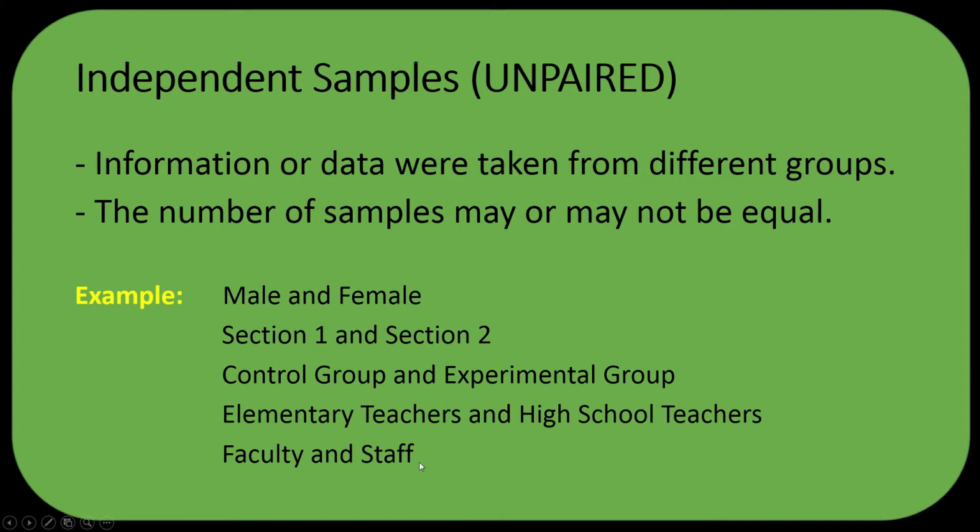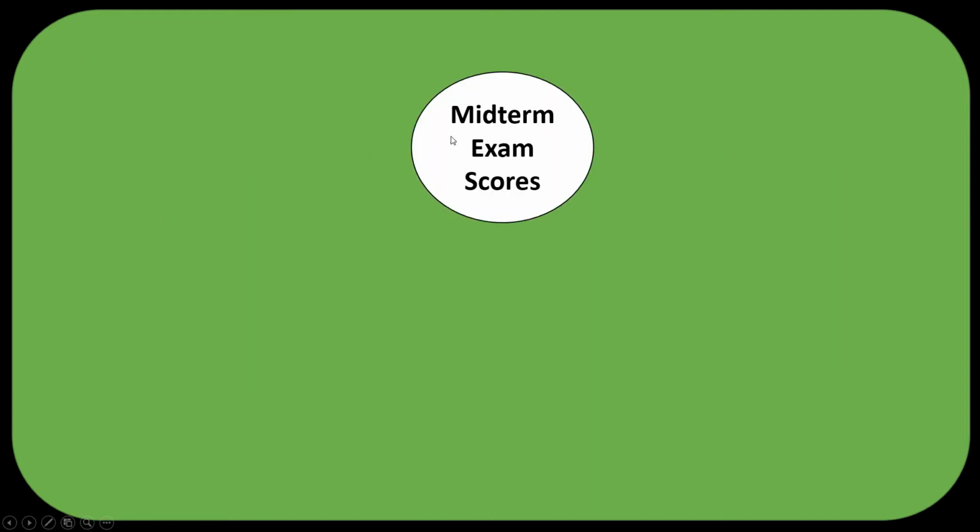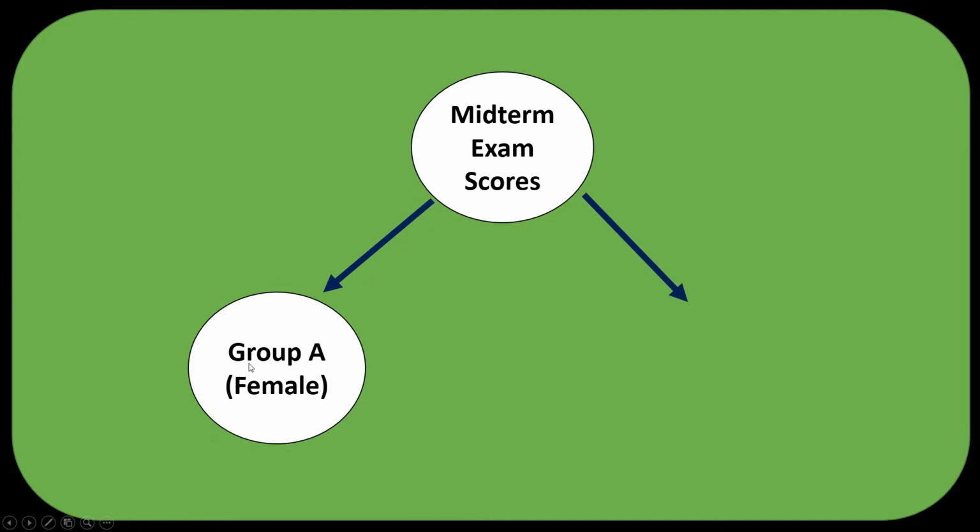faculty and staff. So the diagram, let's say for example, you are going to give a midterm exam. Then you'll have group A for the female, the midterm exam score of female, then group B for male, the midterm exam of male.